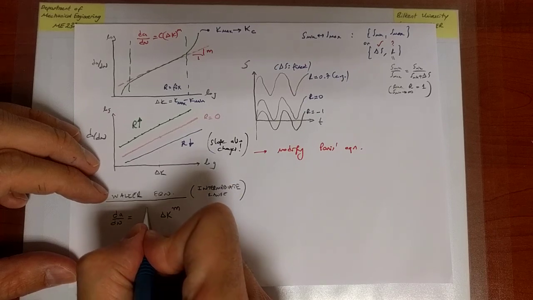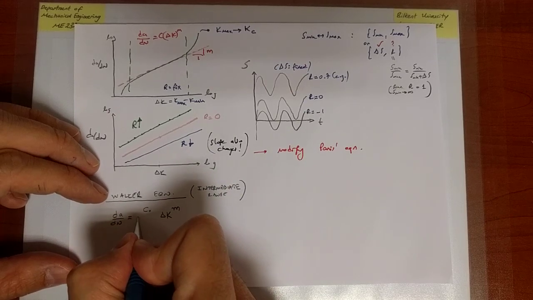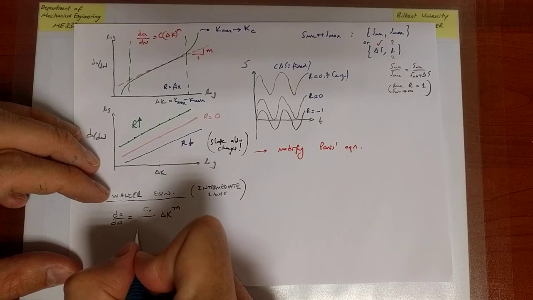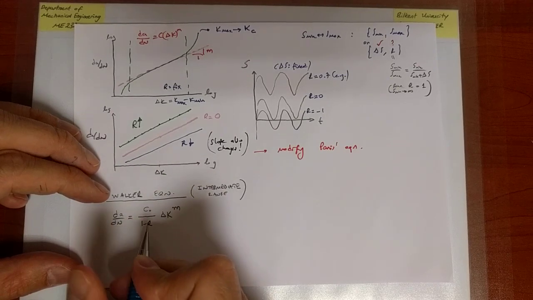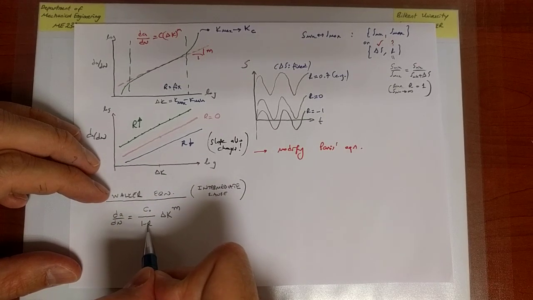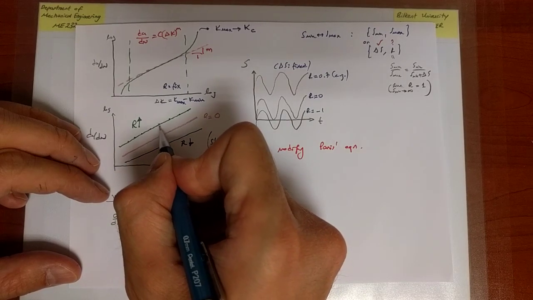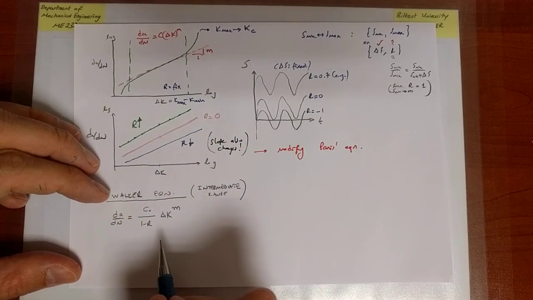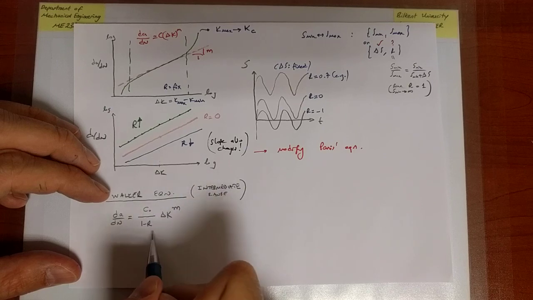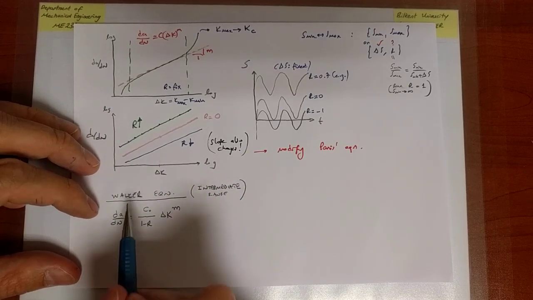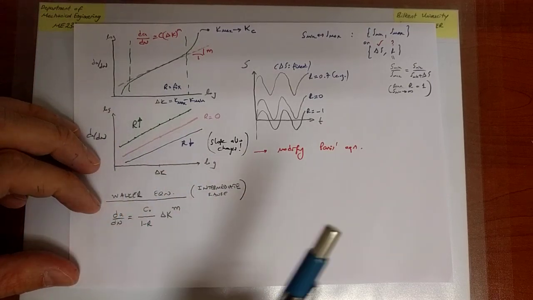Instead, I'm going to write a quantity which is equal to a constant divided by 1 minus R, such that as R starts, for instance, from the value of 0 and it increases towards the ultimate value of 1, it can never be exactly 1, but as it increases towards 1, then this factor will increase and therefore I will predict higher and higher crack growth rates. That is the simple idea of the scaling, and that's what Walker has proposed.